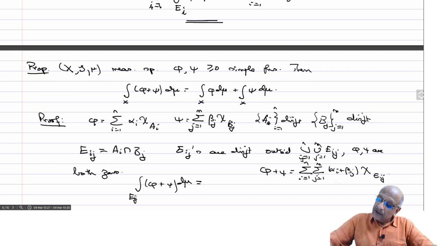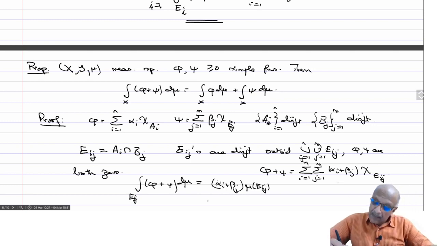So now you have again a disjoint thing here, and therefore this is equal to the sum of alpha_i plus beta_j times mu of E_ij. But E_ij is a subset of A_i and a subset of B_j, so this can be written as the integral over E_ij of phi d mu plus the integral over E_ij of psi d mu.